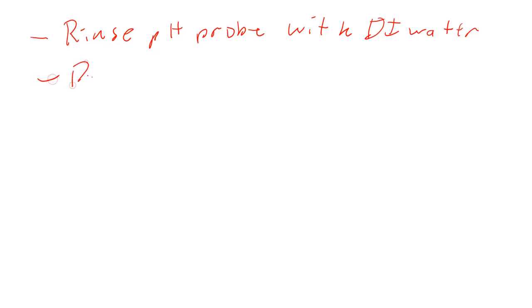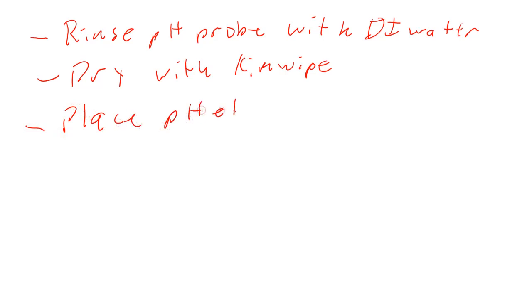And you're going to dry it with a chem wipe, and you want to be gentle with it because these pH electrodes are very fragile and very sensitive, so it is easy to break them. So you're going to rinse your pH probe off with your DI water, and then you're going to gently dry it off with a chem wipe, and then you're going to place your pH electrode in the pH 7 buffer.